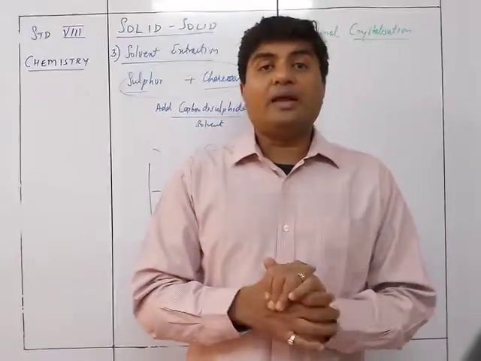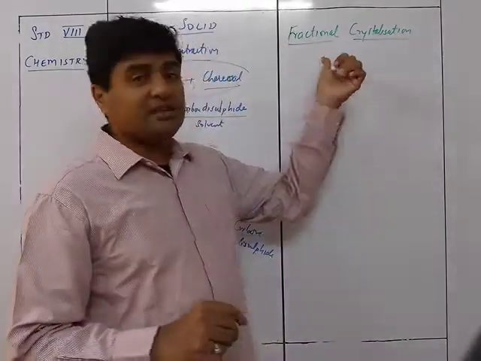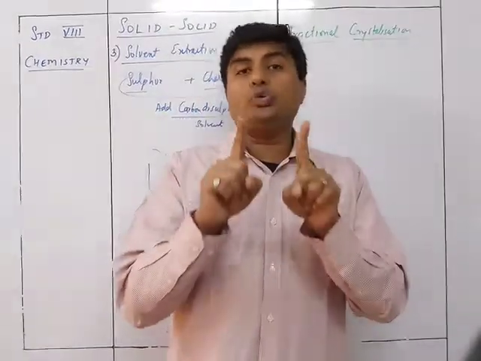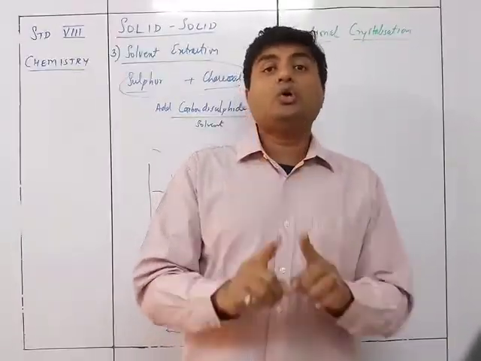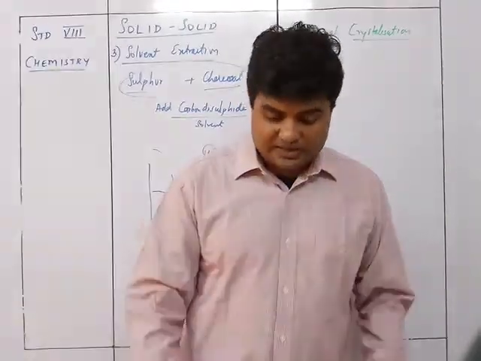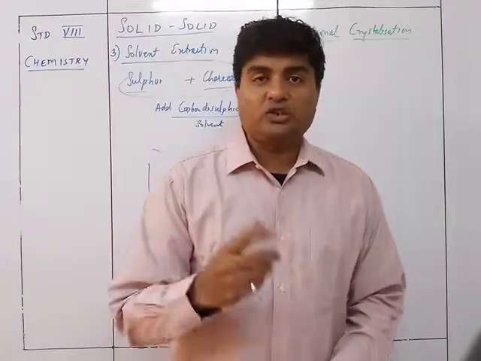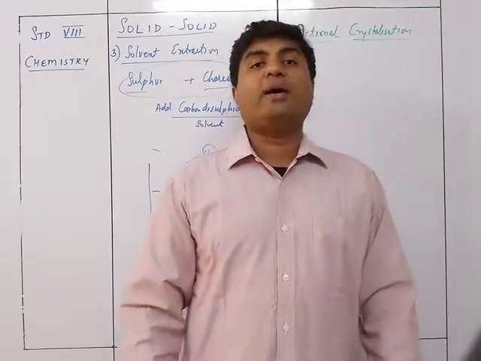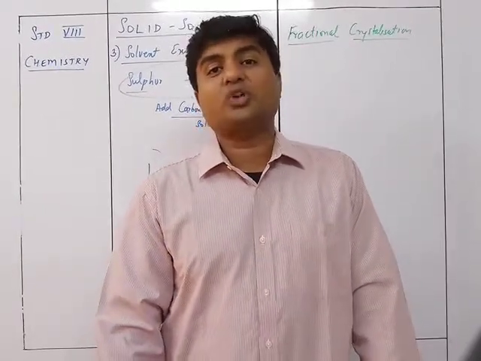Here what we are learning is fractional crystallization. That means we are going to have two elements or substances mixed together, and both of them have a difference in their solubility.